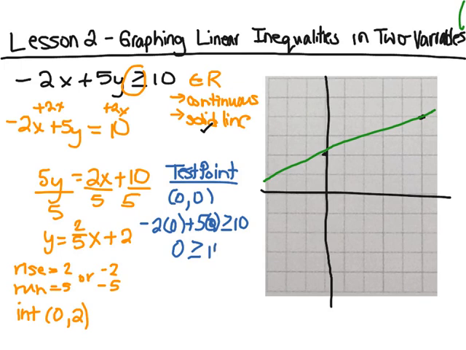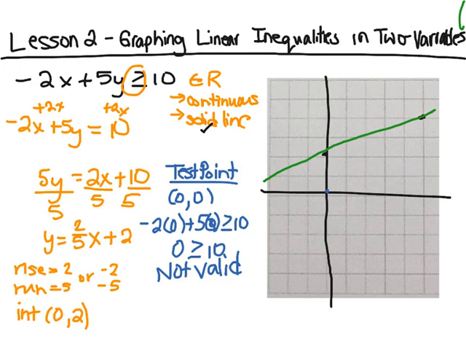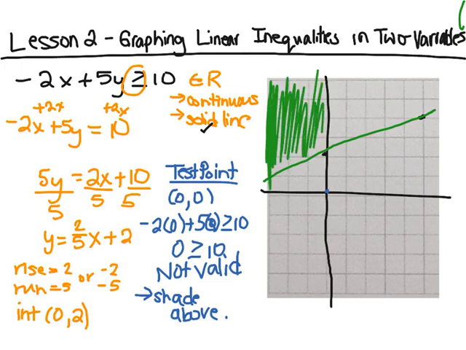This is not valid. So rather than shading where 0 is, right here, we need to shade above the line. So anything above the line. So we know it's continuous, so we shade in solid above the line.